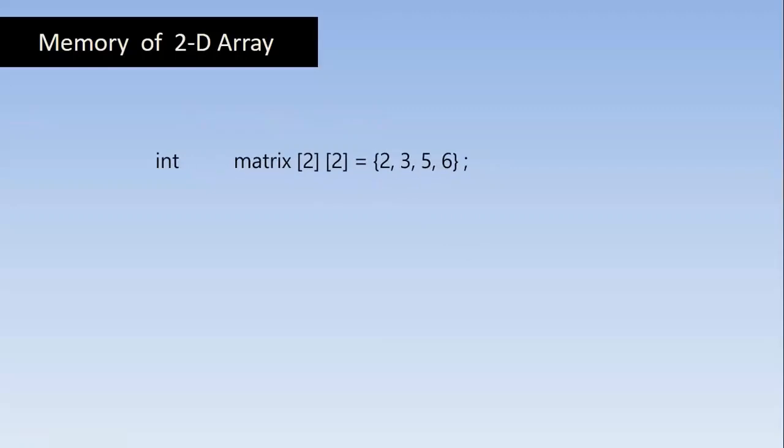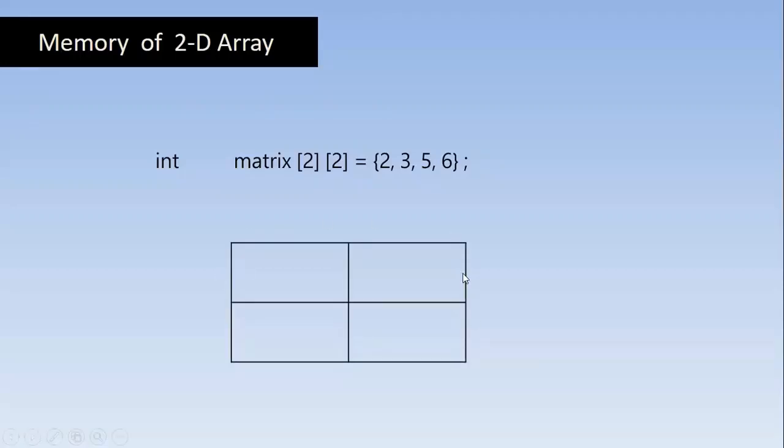If our declaration is this matrix consisting of 2 into 2 dimensional, this is the structure we can store the elements in. So this place is for 0th row and 0th column. First row is indexed with 0, and the first column is indexed with 0. So this is 0th row and 0th column, and this is 0th row and first column.